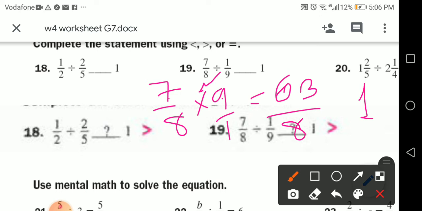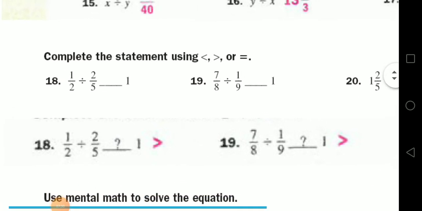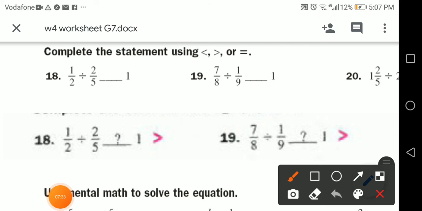Remember, 1 here is what? Another way of solving. I want to make here a common denominator. For this one we said 7 over 8 multiply 9 over 1, and we said this is 63 over 8.